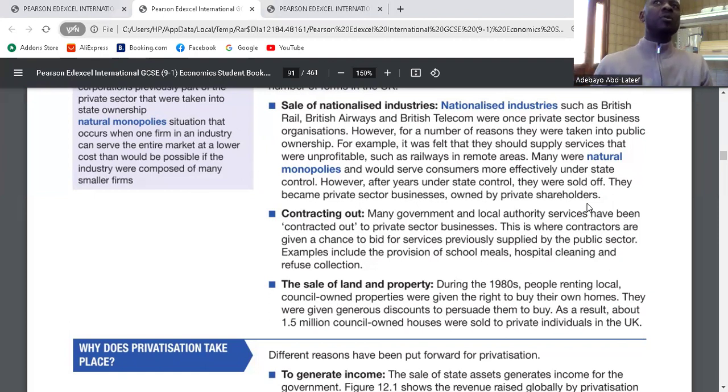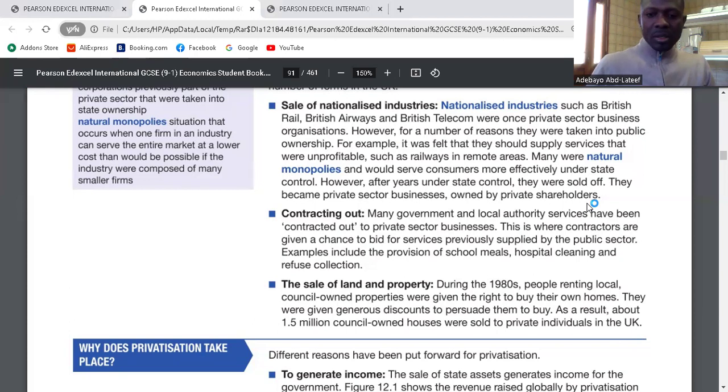If government wants more efficiency, they contract it out to businesses that can handle it efficiently. Contracting out means you give contracts and projects that were previously handled by the government to the private sector. That is contracting out. Clear?